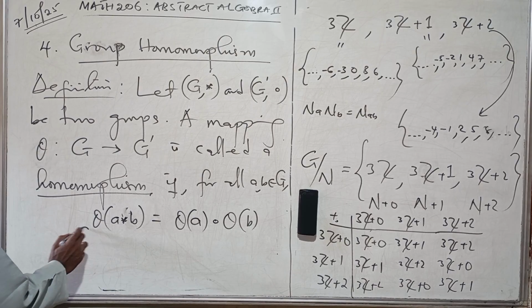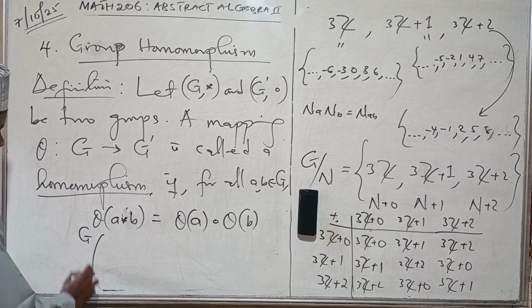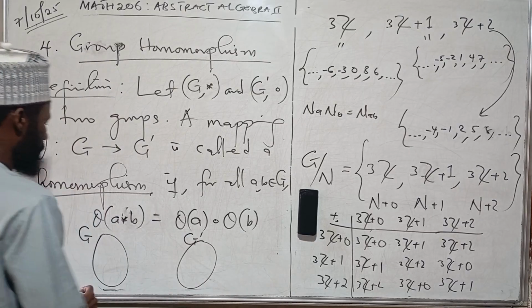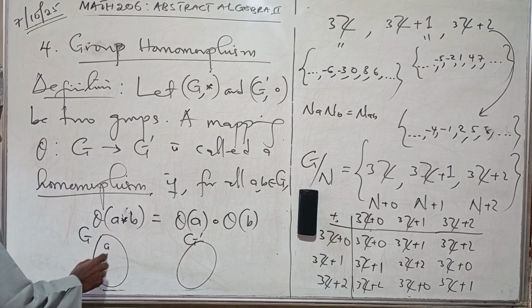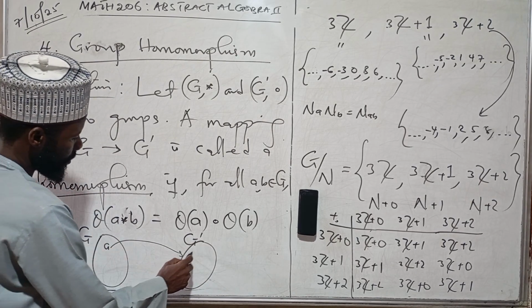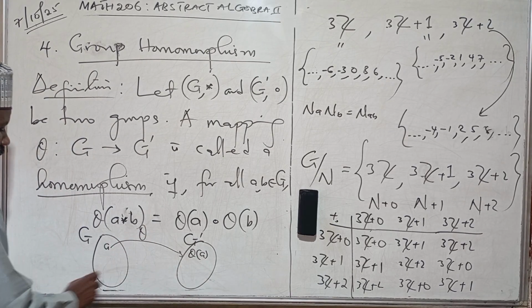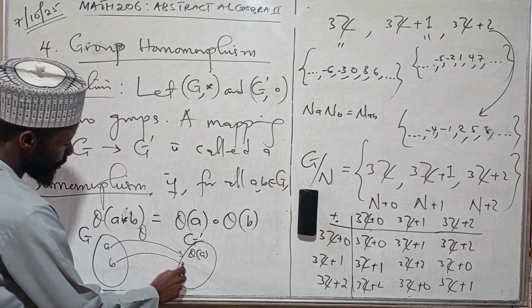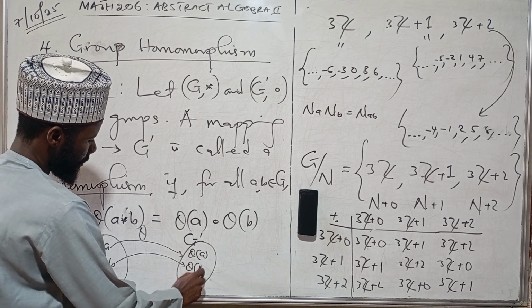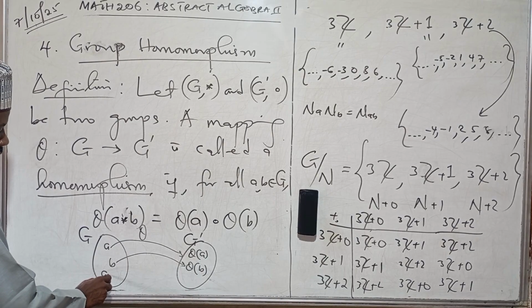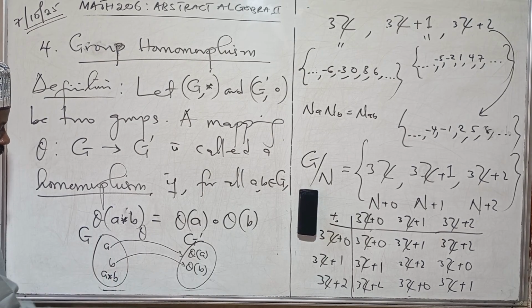So you can visualize what goes on here. You have the group G and you have the group G prime. You imagine an element A will be mapped to theta A. This is what we call the image under theta. And an element B will map to theta B. But since this is a group, if I combine A and B, I get a product still inside the group.